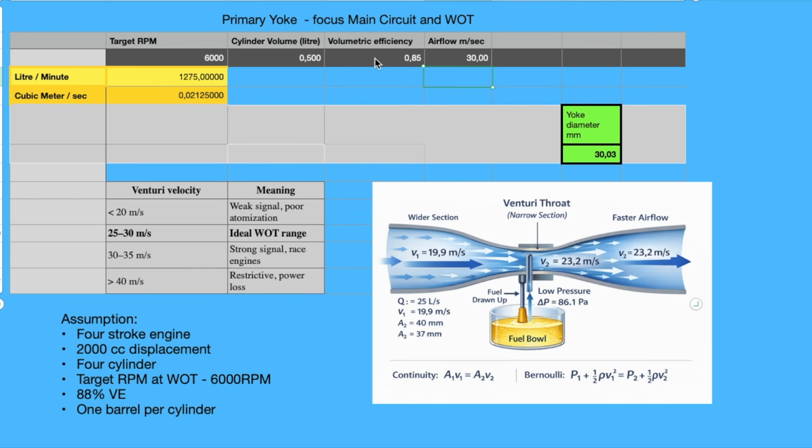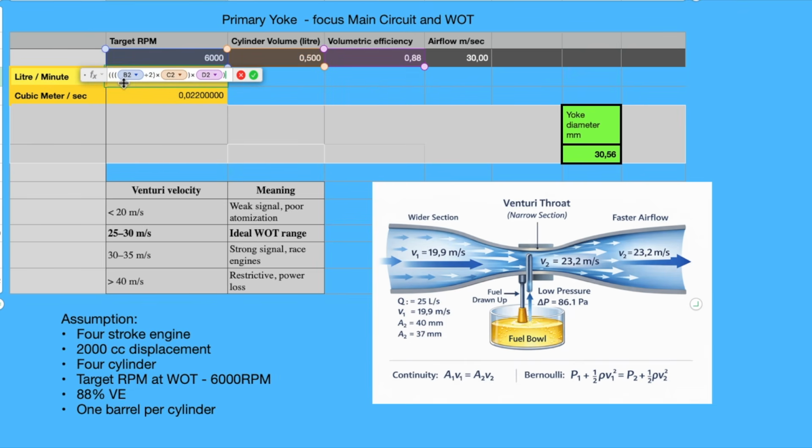I'm targeting a volumetric efficiency of 85 and I have an airflow set to 30, which is ideal for wide open throttle. Now of course you can change those things. I could probably tune this a bit more, maybe go for an 88% volumetric efficiency, and then you can see how my liters per minute are changing.